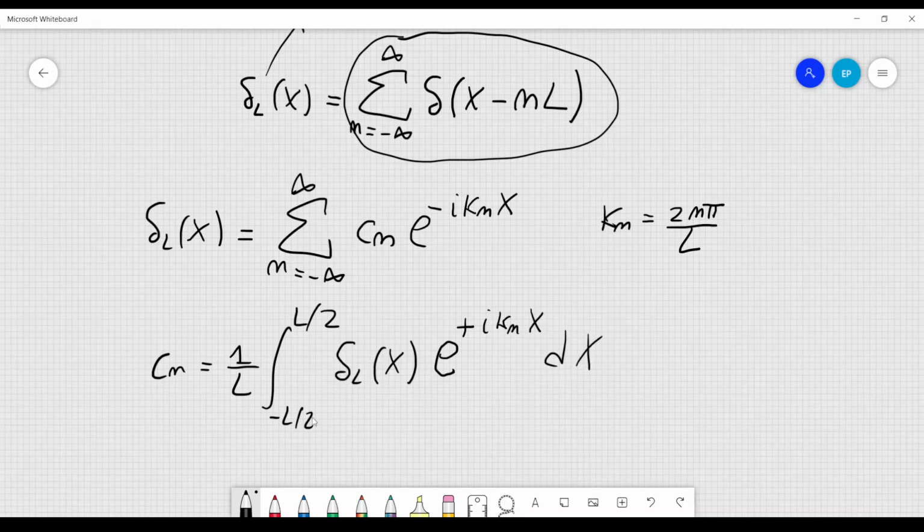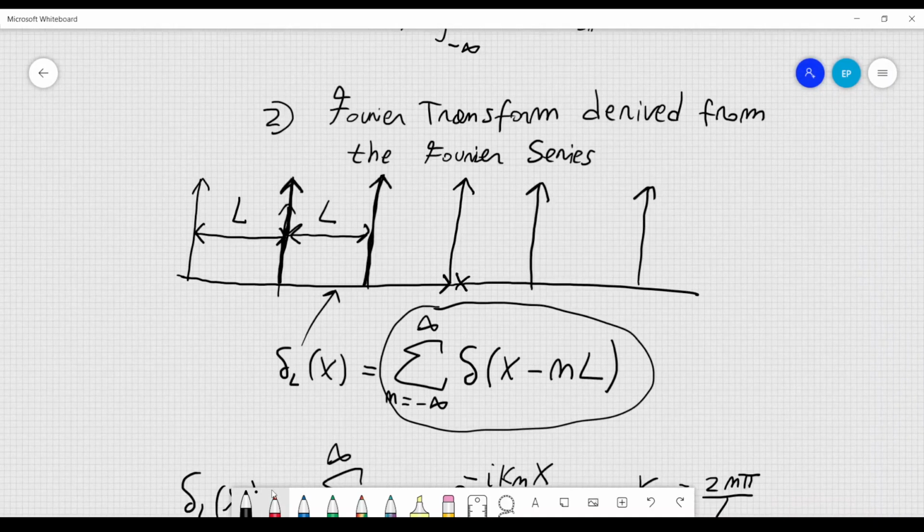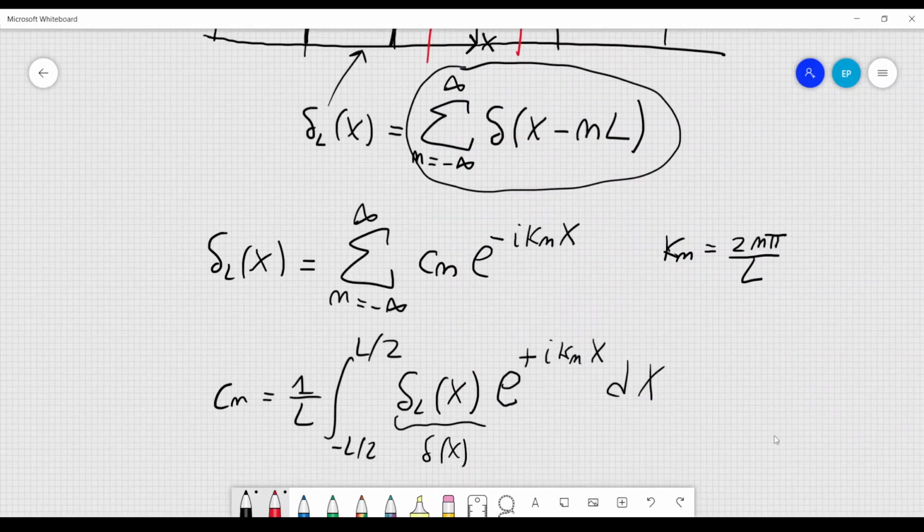and then multiply by dx. Now in the interval minus L over 2 to L over 2, the function delta L of x is just equal to the Dirac delta of x, because I am considering just an interval which is located somewhere here. It contains only one impulse. Therefore, it's as if I have only the Dirac delta.